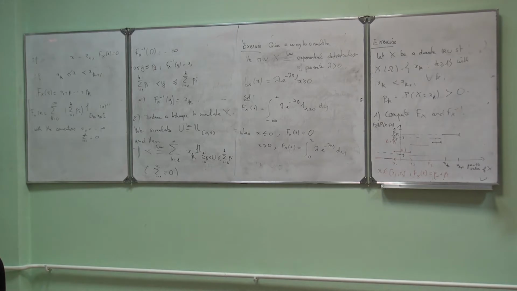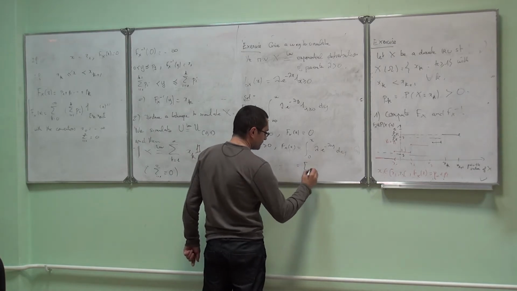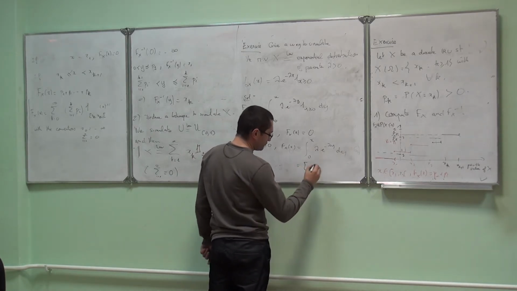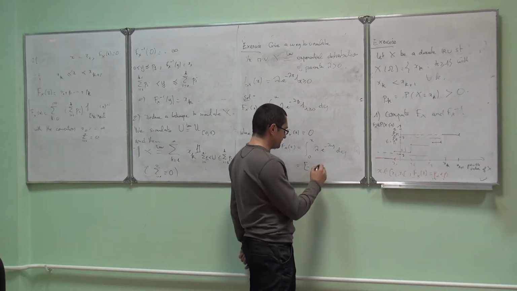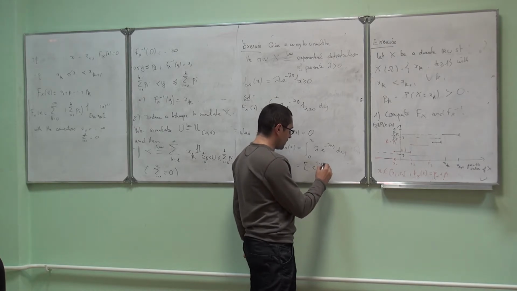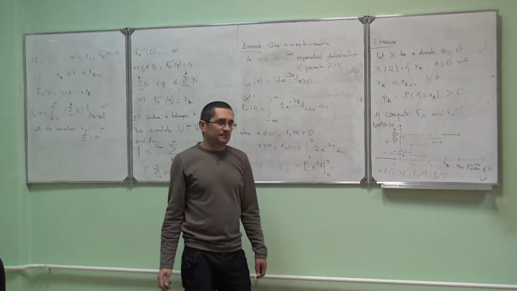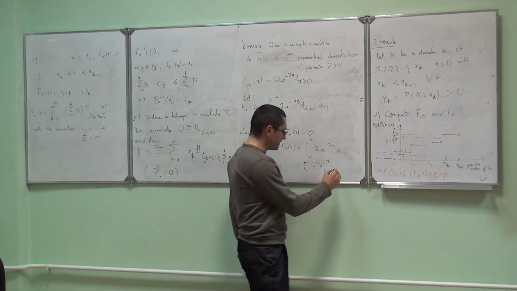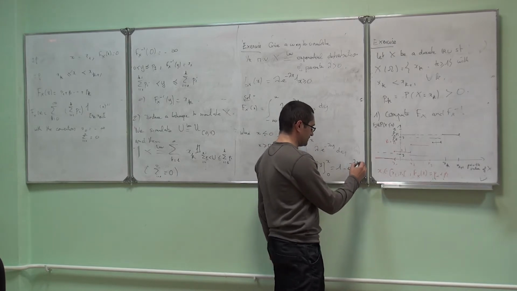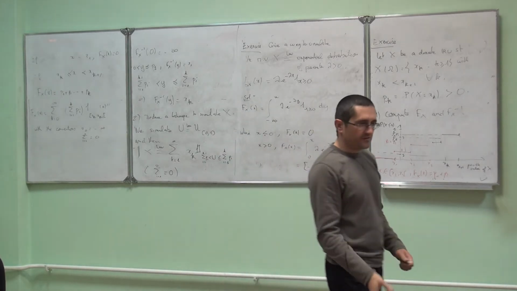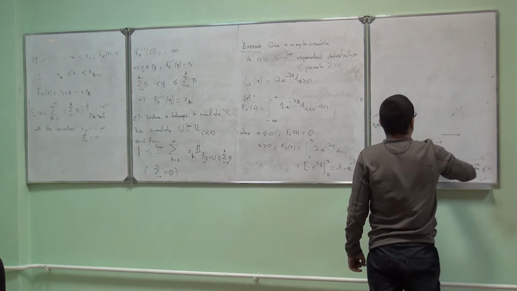Now it's easy. You take, of course, the primitive, minus exponential of minus lambda y between 0 and x, and then you get 1 minus exponential of minus lambda x. So now you have an idea about this function, and we are seeking its generalized inverse.